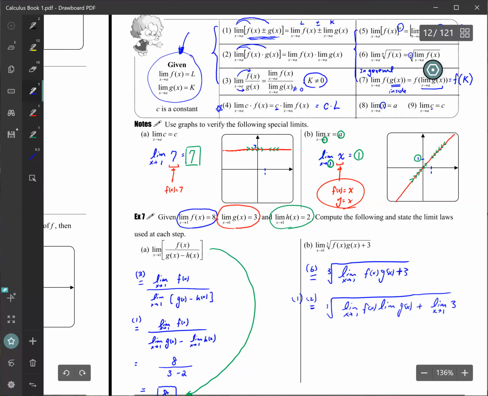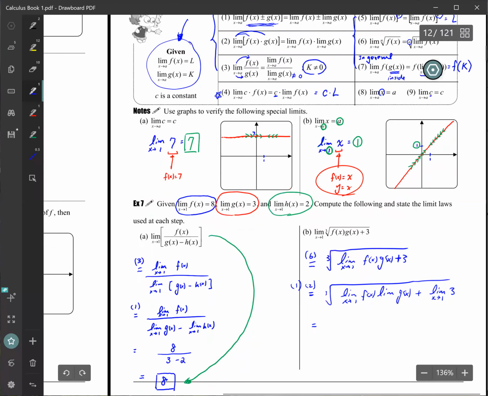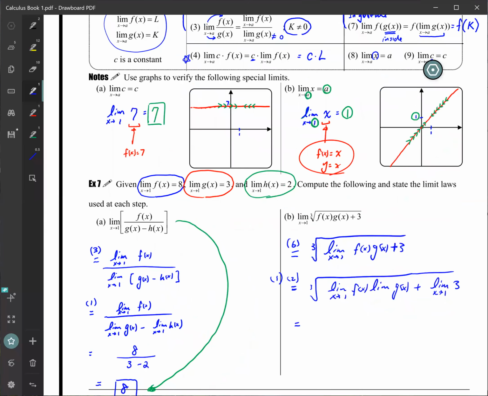Okay. And then, Nicole, what happens now? Now you put in the numbers. Okay, but there's another one here. Which law would that be? The limit of 3, that would be law 8. Law 8 has a variable though.